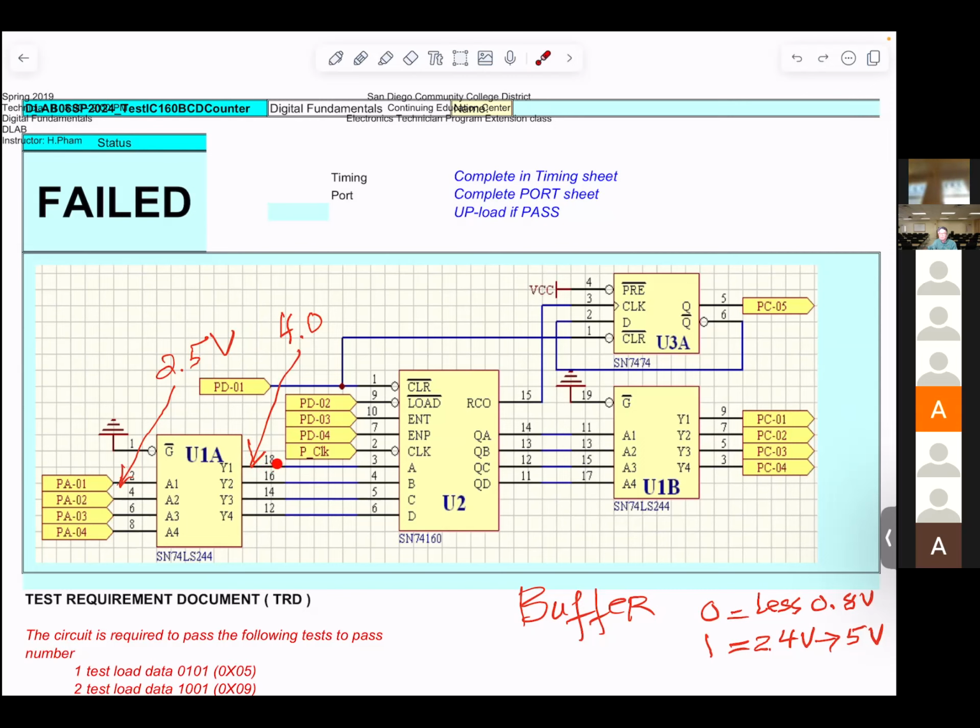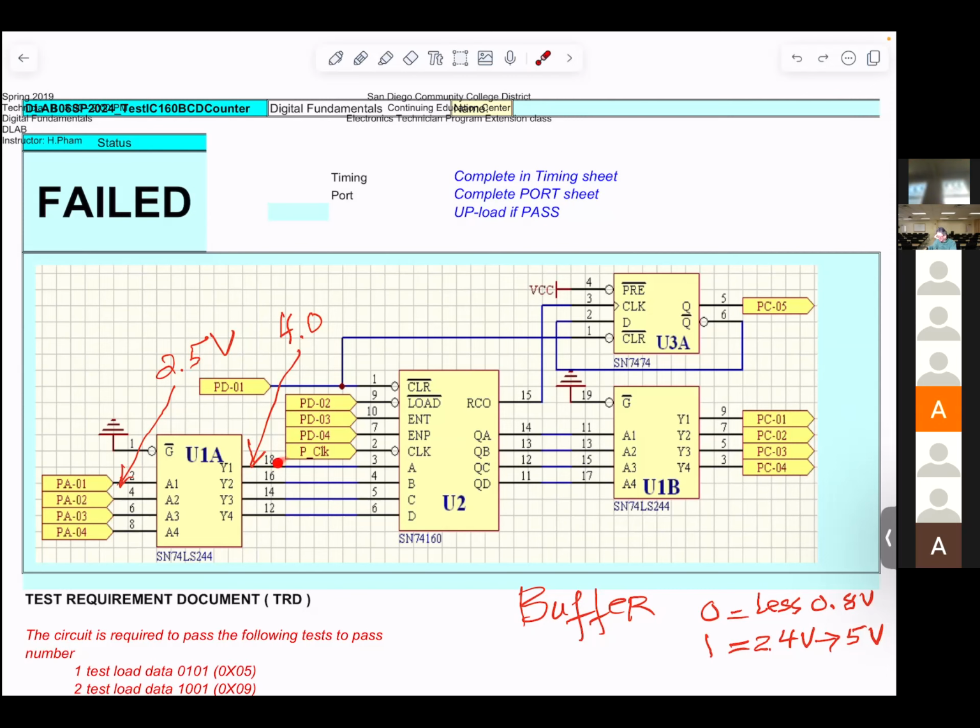However, before you change the IC, I want to know a little more to guarantee the IC is not working. What can you do? Okay, if you don't know, I will tell you.